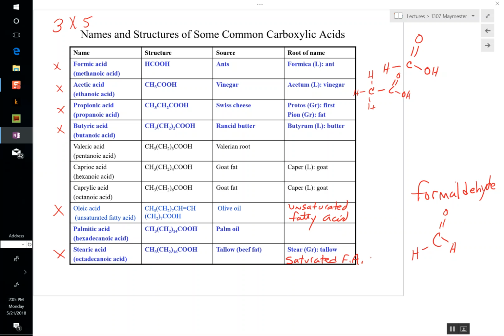Okay, stearic acid. It comes from beef fat. So I don't know why they spell it that way. They should have spelled this stearic acid. But stearic acid from steers or beef cattle is one of the major fatty acids in beef fat.